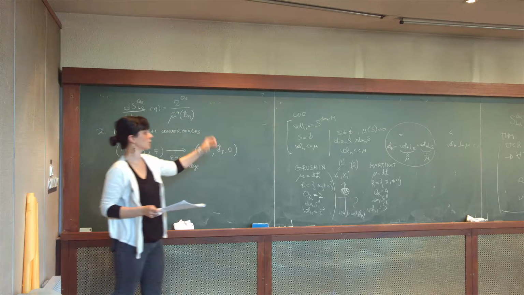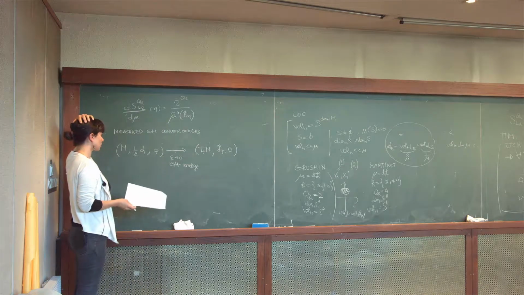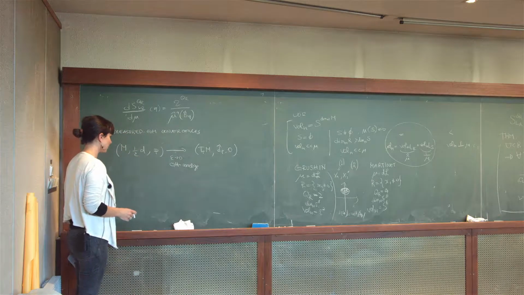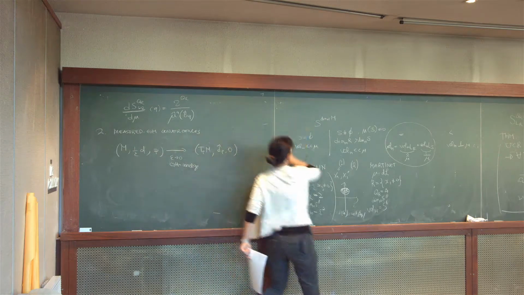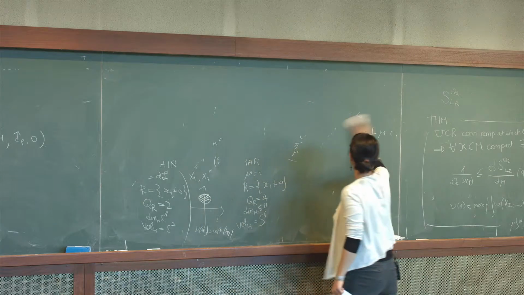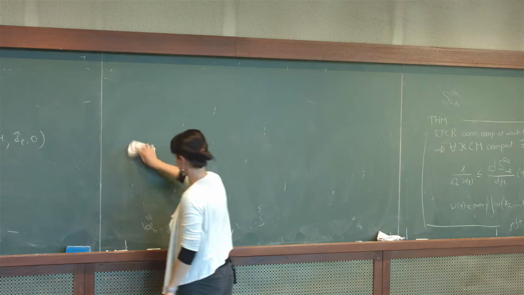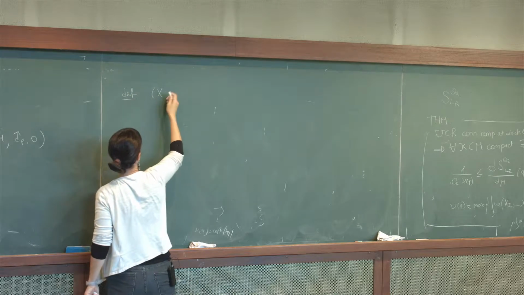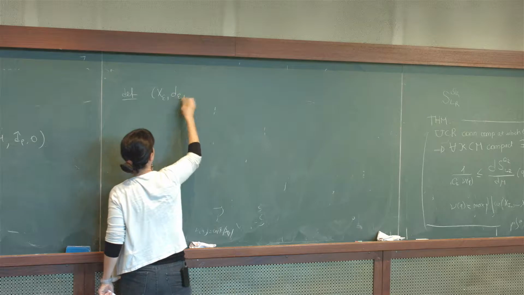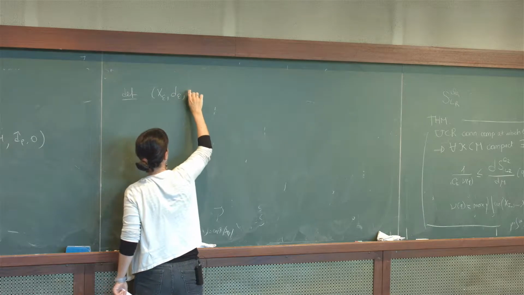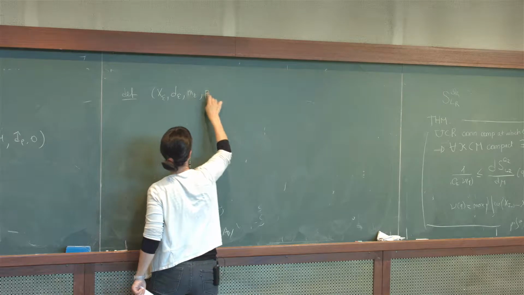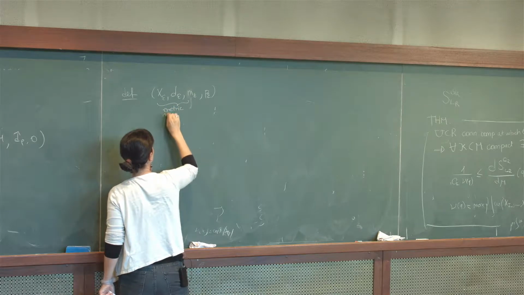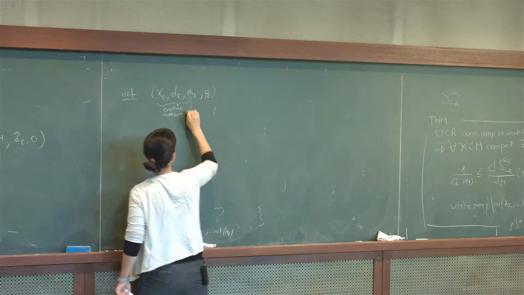Now I'm studying measures on sub-Riemannian manifolds, and there is a notion of convergence of metric measure spaces, which is the following. Let's take a sequence of metric measure spaces (X_epsilon, d_epsilon, m_epsilon, p_epsilon).